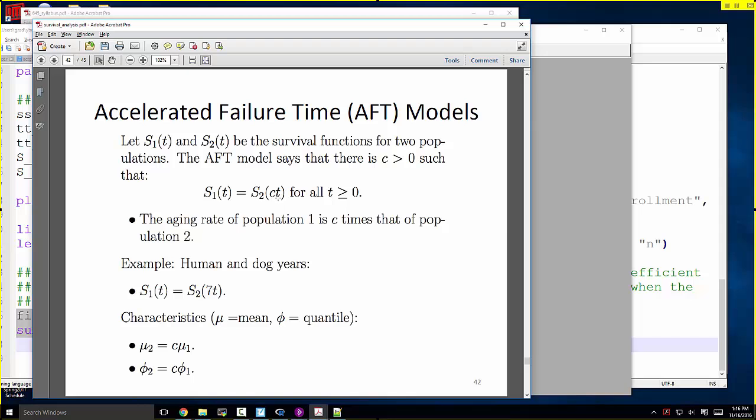That's like saying the survival at time t in this group is an accelerated version of that in the second group.